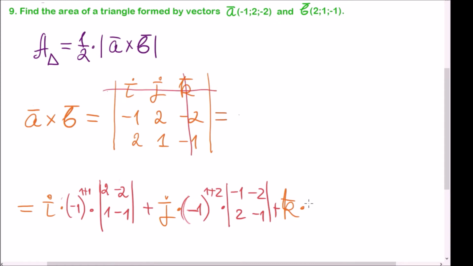Look, it will be minus 1 to the power 1 plus 3, the first row and the third column, multiplied by their minor, minus 1, 2, 2, 1.